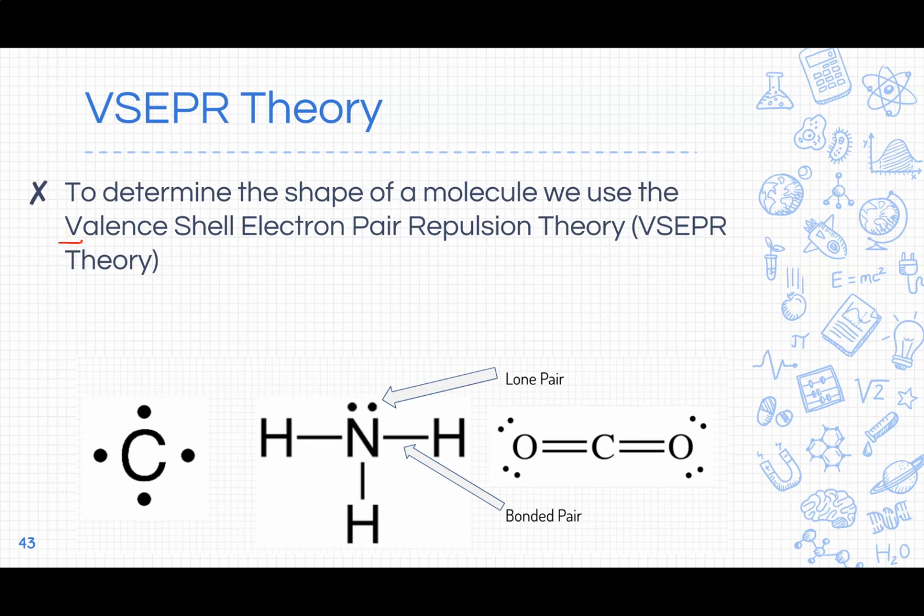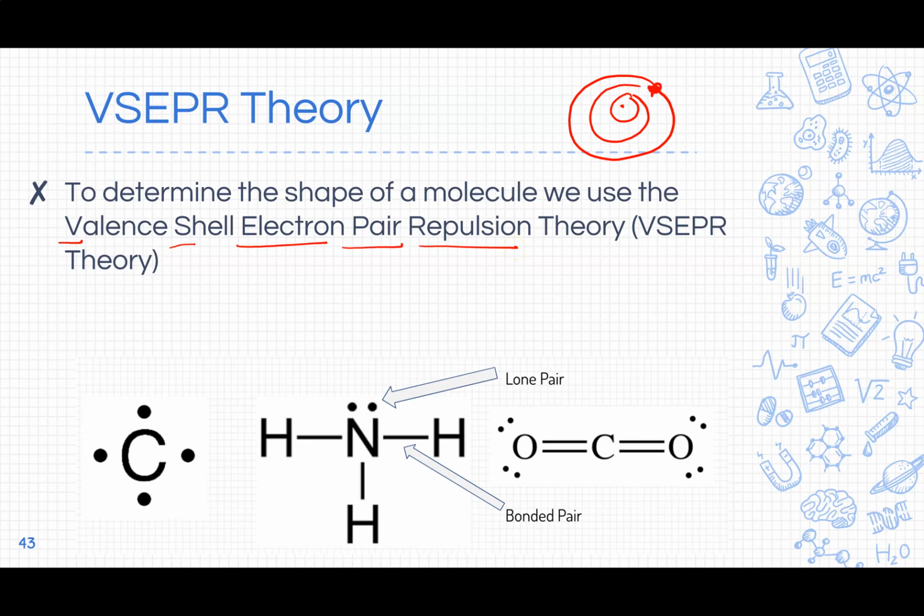Valence means outer shell. That means when we're talking about an atom, we're talking about the outer shell here. Electron, we're talking about electrons in the outer shell. Pair, well, we know that in Lewis dot diagrams, we always draw electrons as pairs. And repulsion, of course, means pushing away from.